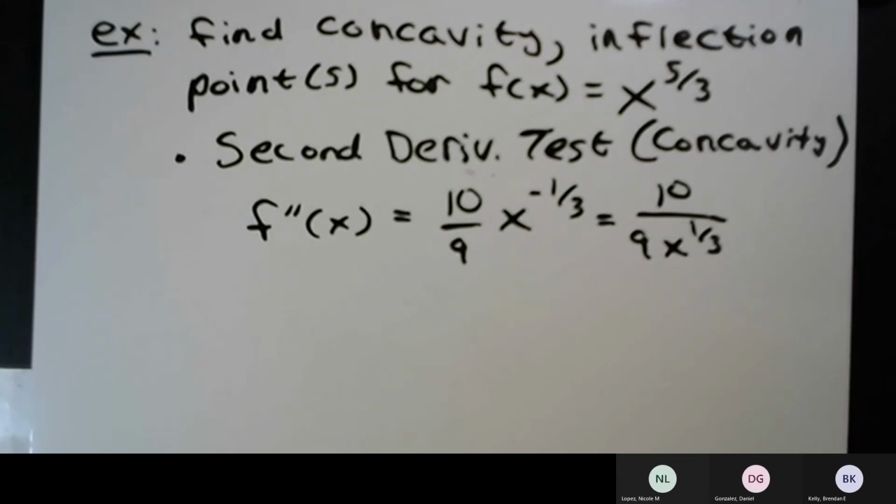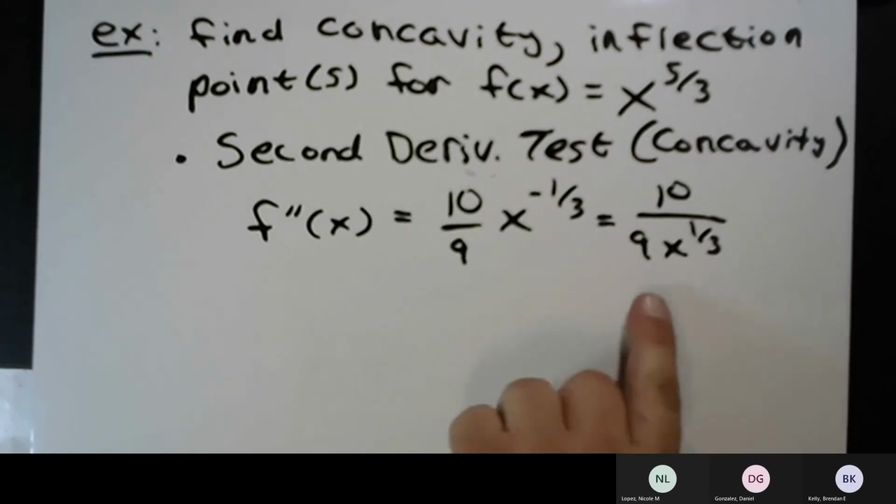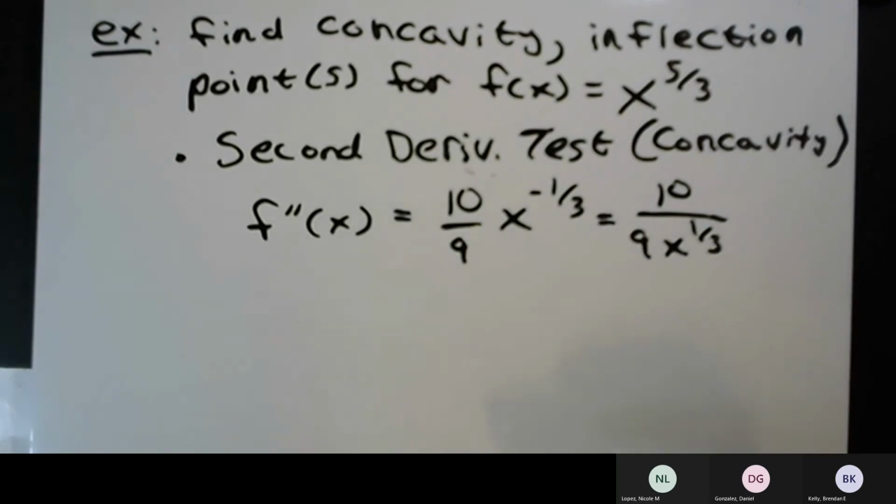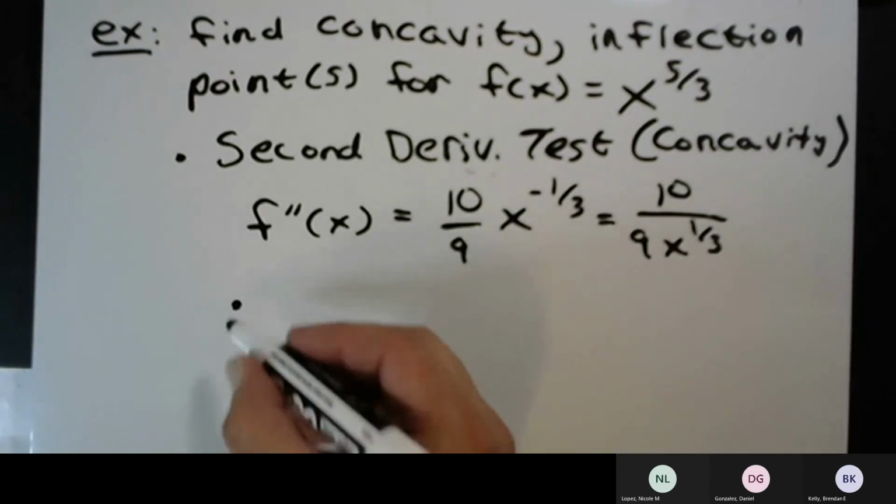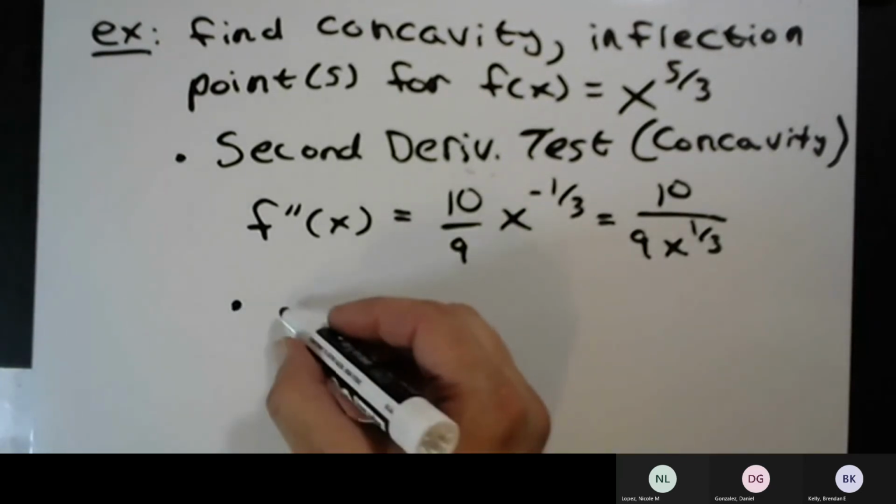So what we want to do is try to find out either where this equals 0 or where it doesn't exist. Well, it doesn't ever equal 0.